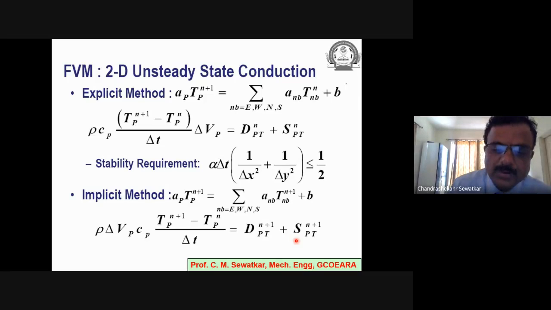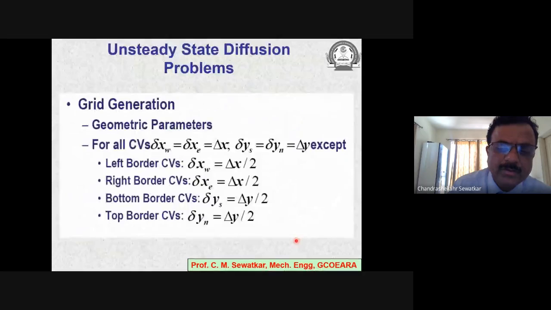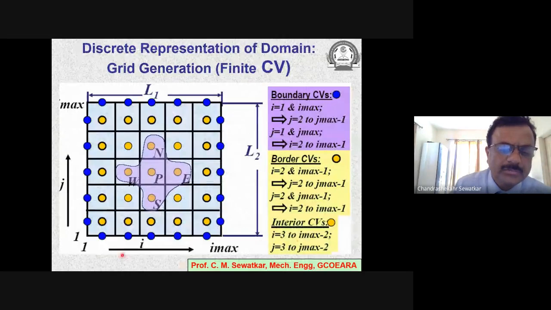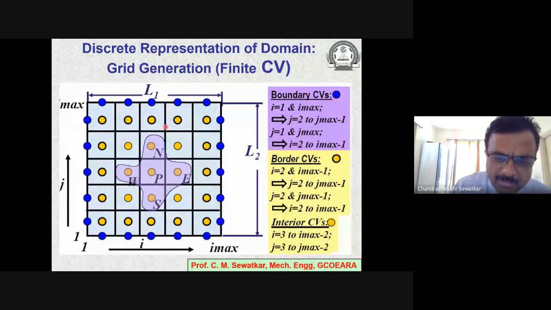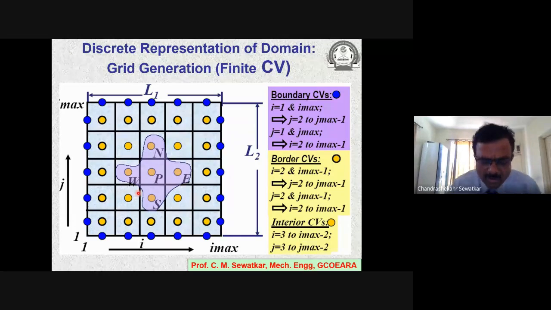I hope you are following me. When I write the equation for this point, this is unknown, this is unknown. When I write the equation for this point, this is unknown, and that point itself is too. Thus, if I scroll through all the points and write down, let's say, 25 equations for 25 cells, how many unknowns will I have?